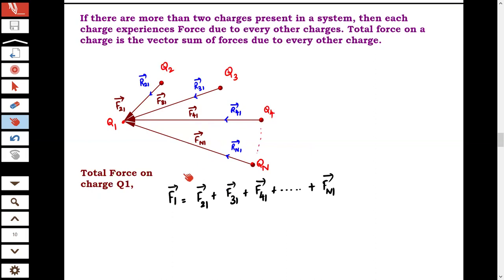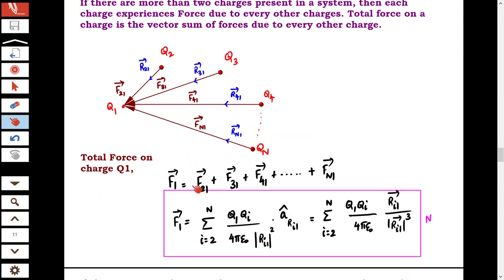We can mathematically give it as F1 vector is equal to the summation of the product of charges divided by 4 pi epsilon naught and the displacement vector magnitude squared, multiplied with the unit vector in that particular direction.